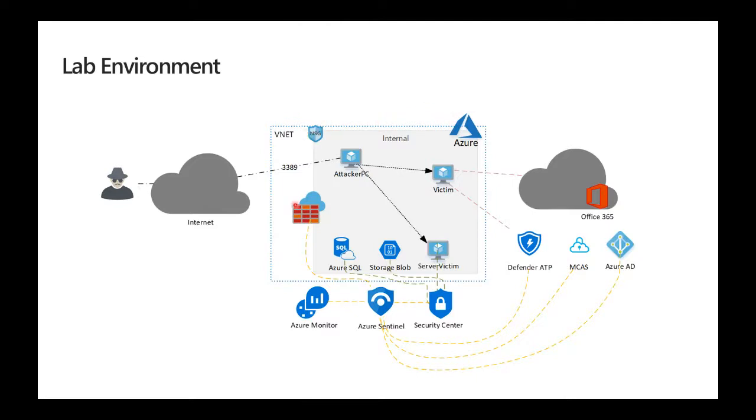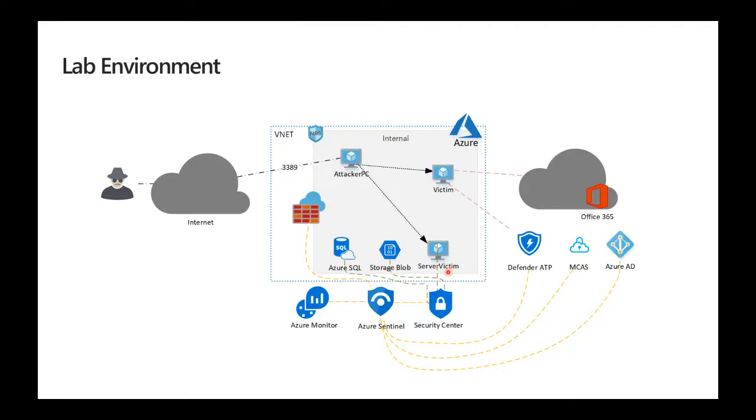Now, inside our Azure VNet that we have here, we're also using some of the PaaS services. So the platform as a service, we have SQL, some storage, and the server, and these are all integrated into Security Center. So all the logs and telemetry from these devices is being sent into Security Center, which will do some security hygiene and posture management.